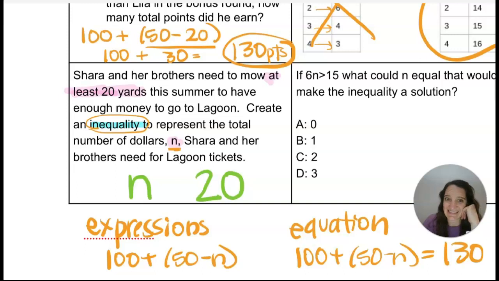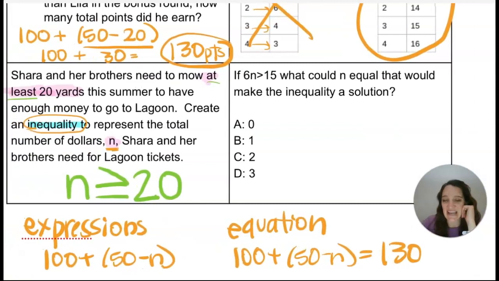So what does at least mean? Well, if they do exactly 20 yards, that'd be okay. If they did less than 20 yards, would they be happy with that? No. At least means that's the least amount, right? Would they be okay if they did more than 20 yards? Yes. So at least means greater than or equal to. So the inequality is N is greater than or equal to 20.